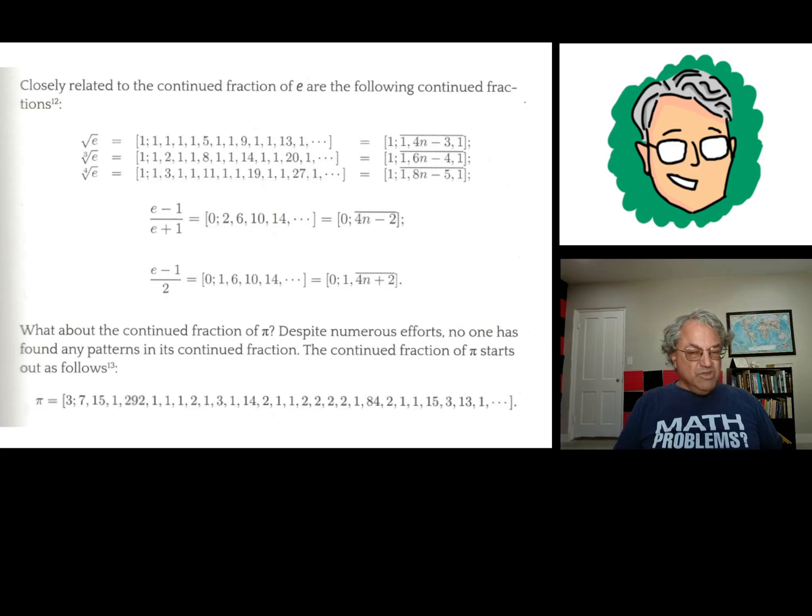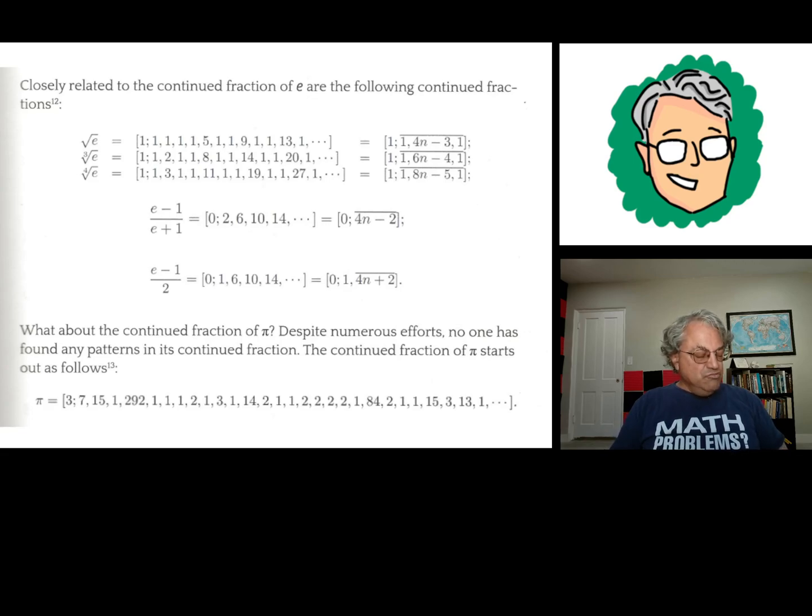I think millions, probably even billions of continued fraction coefficients of pi have been calculated, but nobody has been able to find any pattern to them. As a matter of fact, I think they pass every test of a random irrational number. If you just picked a random irrational number and computed its continued fraction, you'd see a similar distribution in the coefficients. So nothing unusual about them.